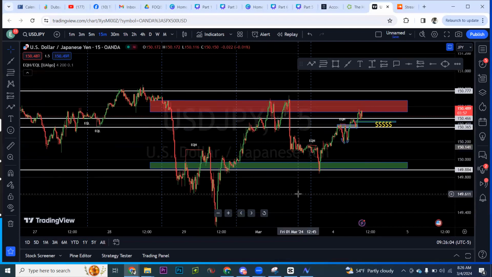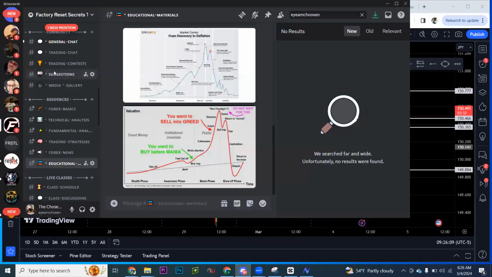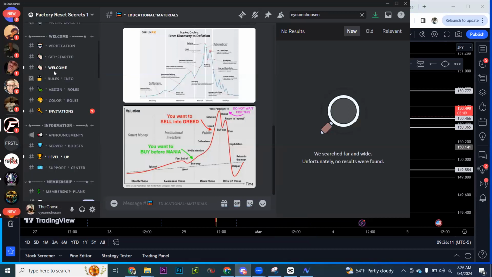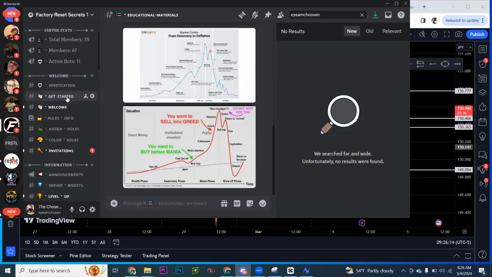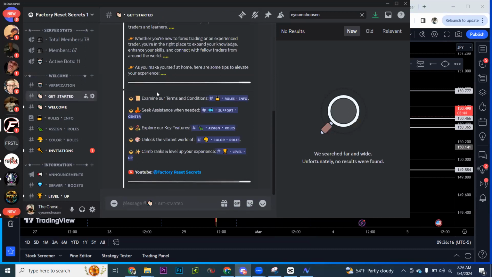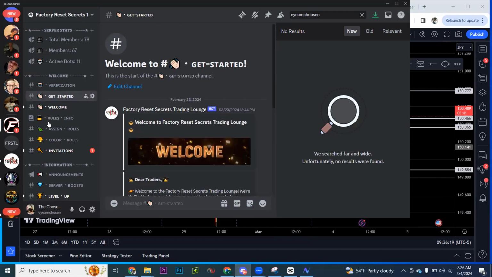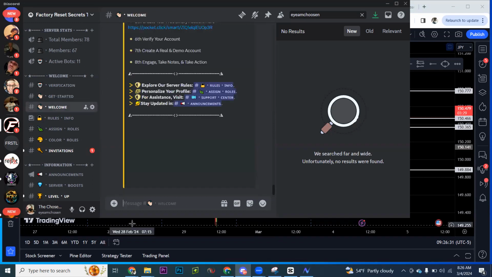In the Discord, under welcome, it has the steps on how to get everything set up. There are 8 steps.